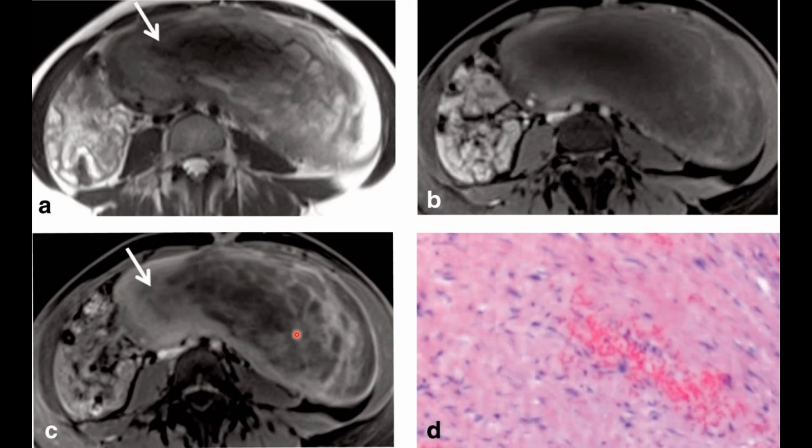But in the delayed phase the enhancement has increased, suggesting that it is more of a fibrous tumor, and see how the margins are here, it is almost well defined. Desmoid tumors can have well defined margin, but if there is any desmoplastic reaction, then only it can have ill defined margin. But large tumors with fibrous component are usually a desmoid, mesenteric desmoid tumor.